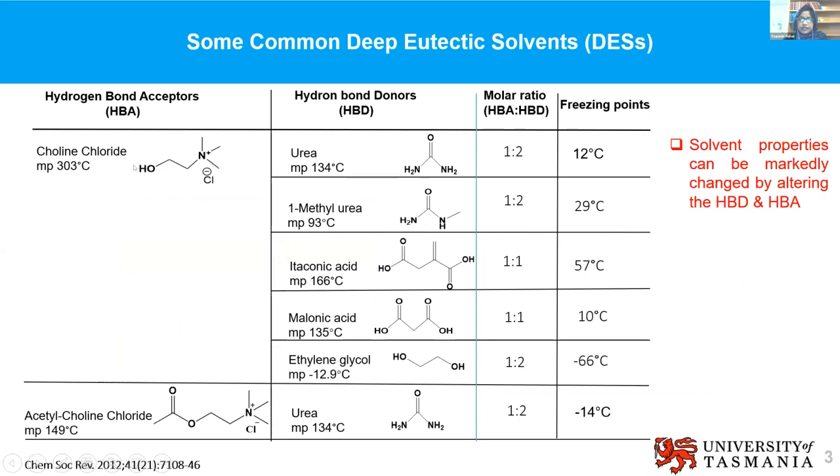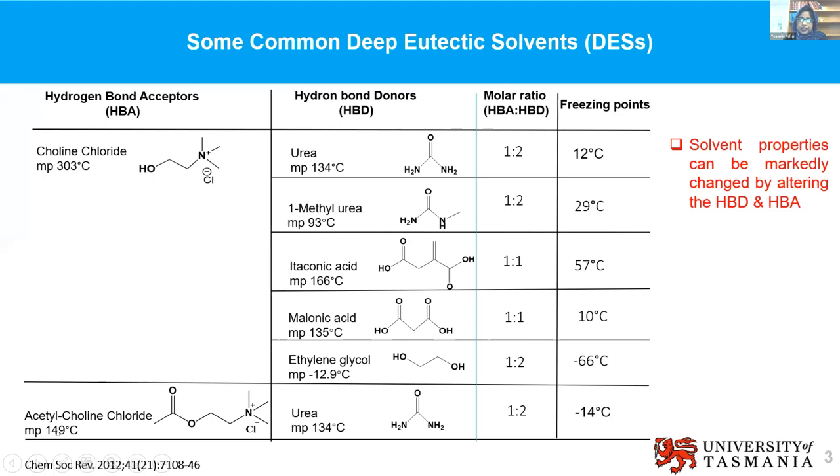And you also notice that for choline chloride and urea, their melting points are 303 for choline chloride and 134 degrees centigrade for urea. And their mixture in a 1:2 ratio at 80 degrees centigrade forms a clear liquid, which is liquid at room temperature. You can see the freezing temperature is 12 degrees centigrade.